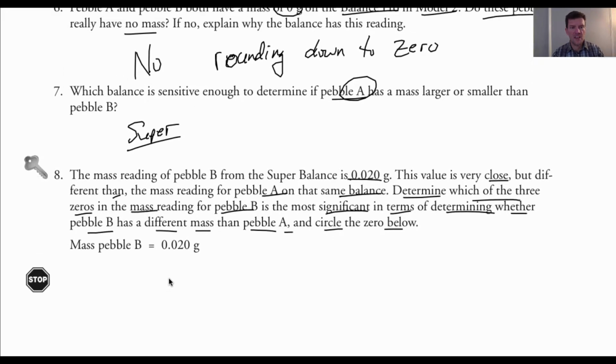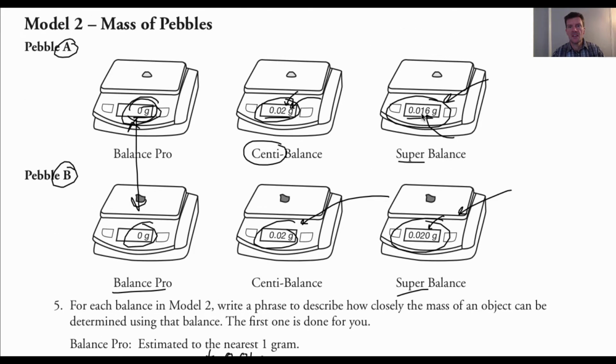So what they're saying is Pebble A has a measurement of 0.016. Pebble B on the same balance has a measurement of 0.020. You'll notice they both have those zeros, 0.0. So this 0 right here is very important.